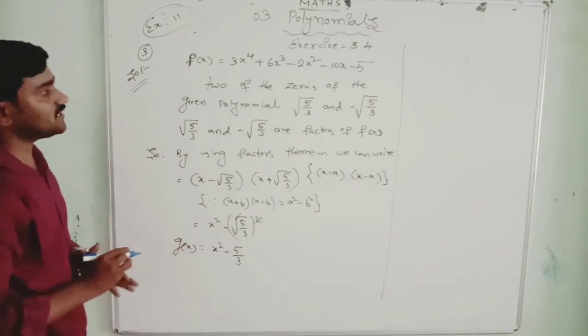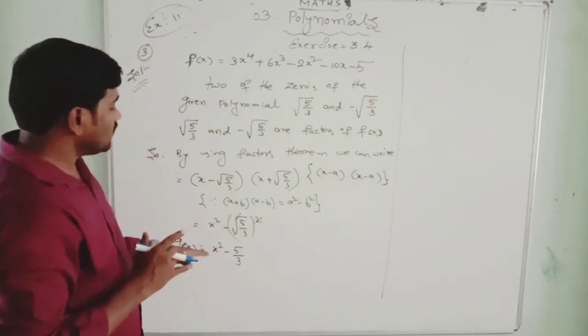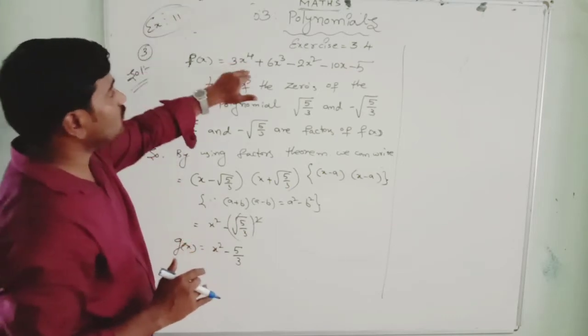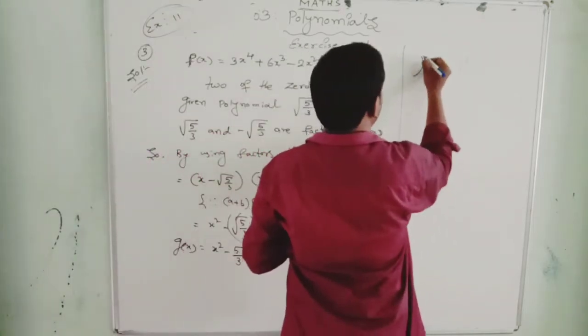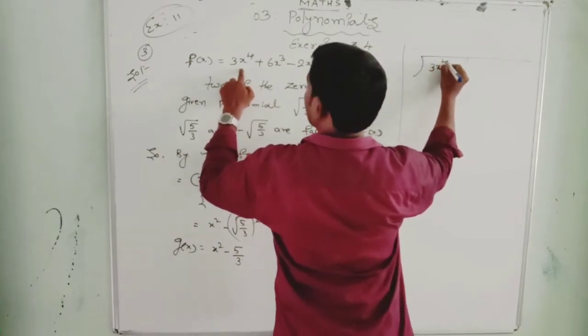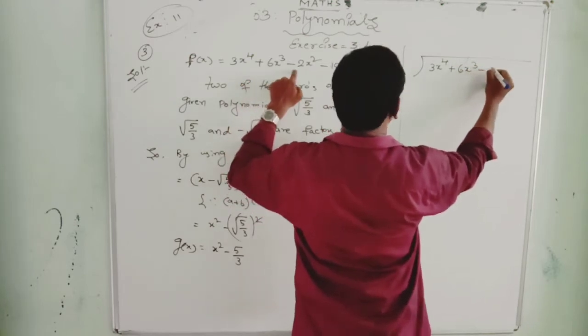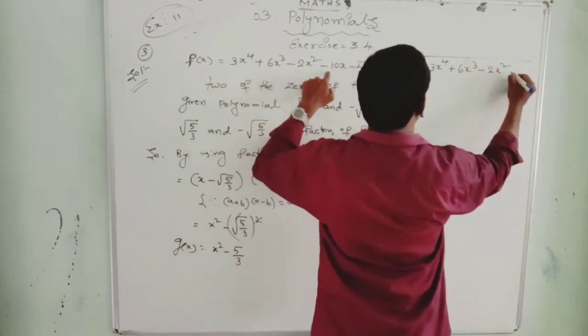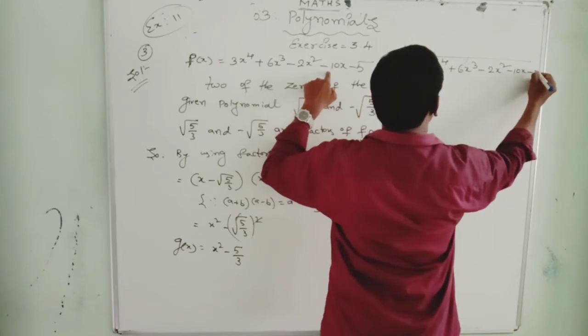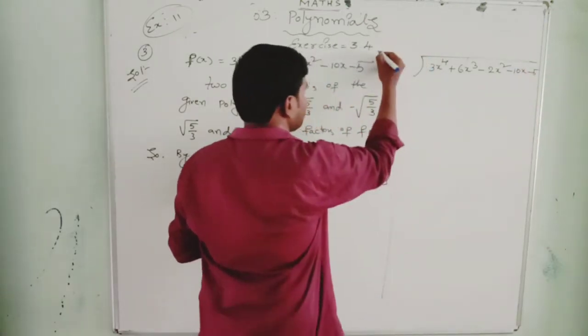Now what we have to do here? Other two factors we need to find out. So with this g of x, we have to divide this polynomial. So let us divide. This 3x to the power of 4 plus 6x to the power of 3 minus 2x square minus 10x minus 5. The polynomial is what here?